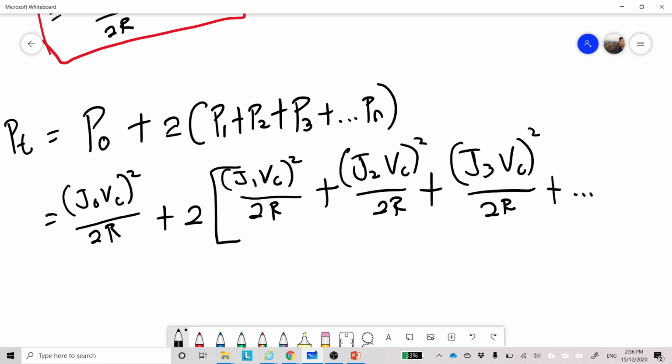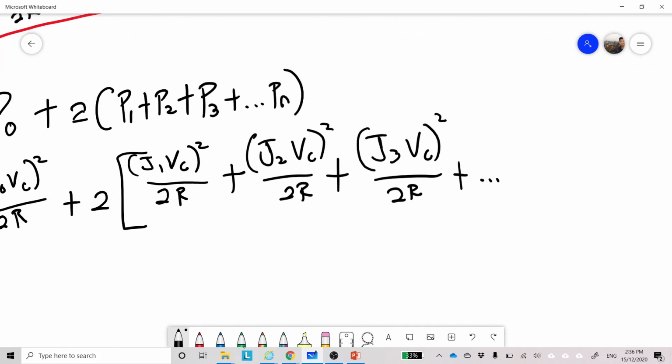You have to plus until all the frequency spectrum. So here is Jn VC square divide over 2R.